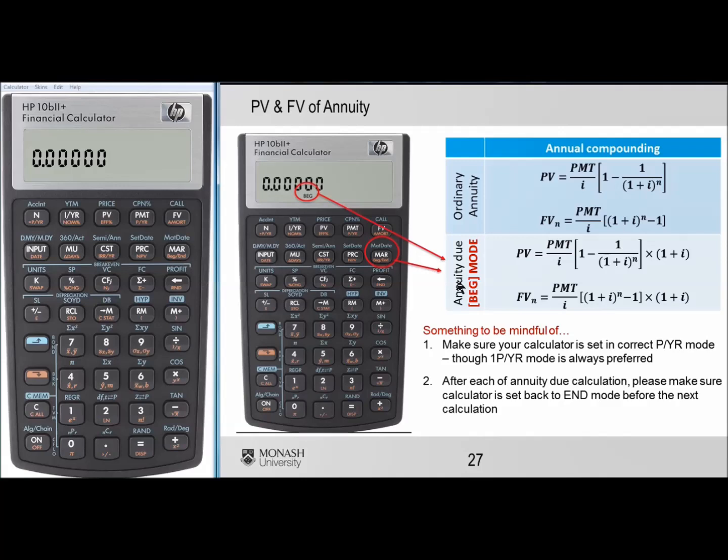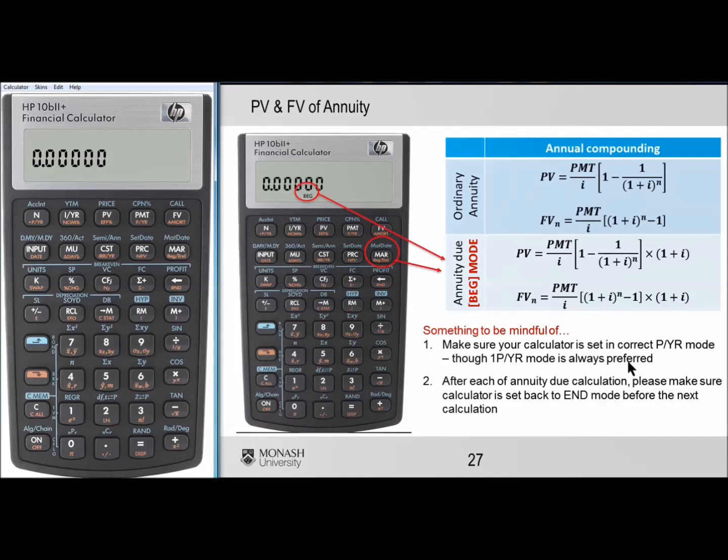When you have an annuity due, you need to toggle from the end mode into BEG mode. To get that, press Shift down and MAR, and you will see the BEG annunciator appear on screen. For ordinary annuity, press the same button again to make the BEG disappear.